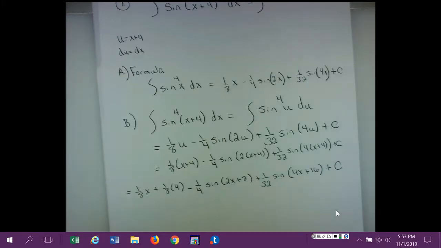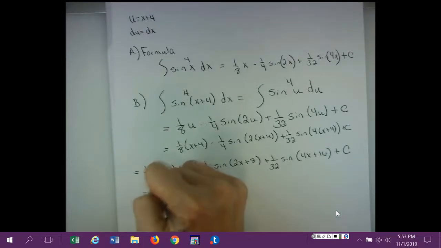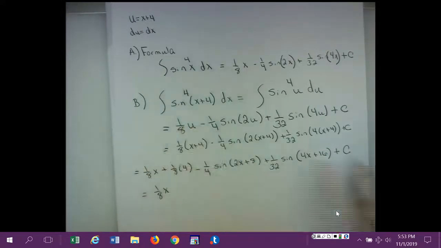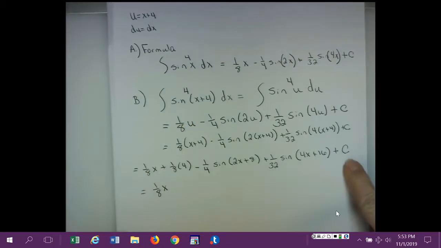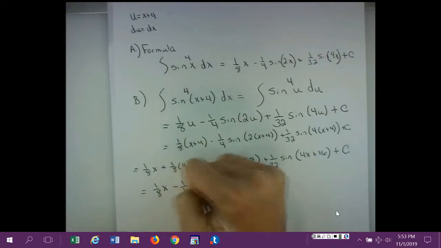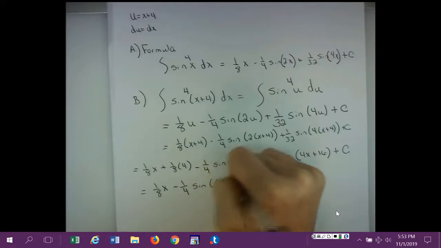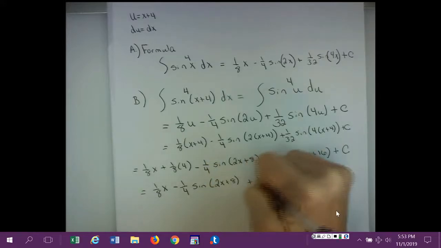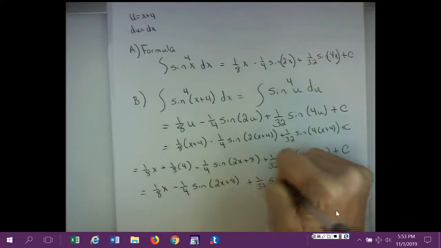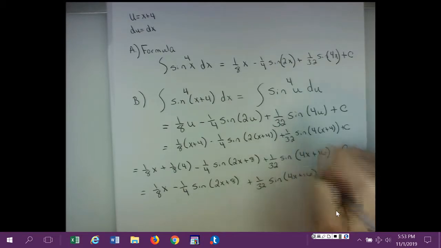And I see that this 1/8 times 4 is going to become 1/2. So I'm going to say plus 1/2 here at the end of the problem instead of here. 1/4 sine of 2x plus 8 plus 1 over 32 sine of 4x plus 16 plus 1/2 plus c.